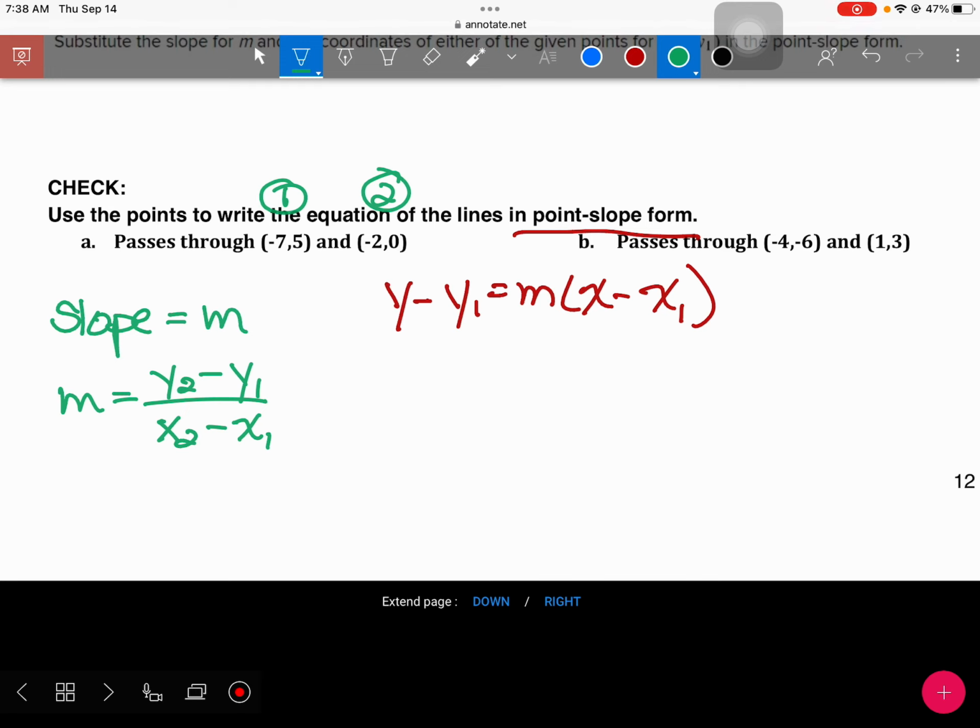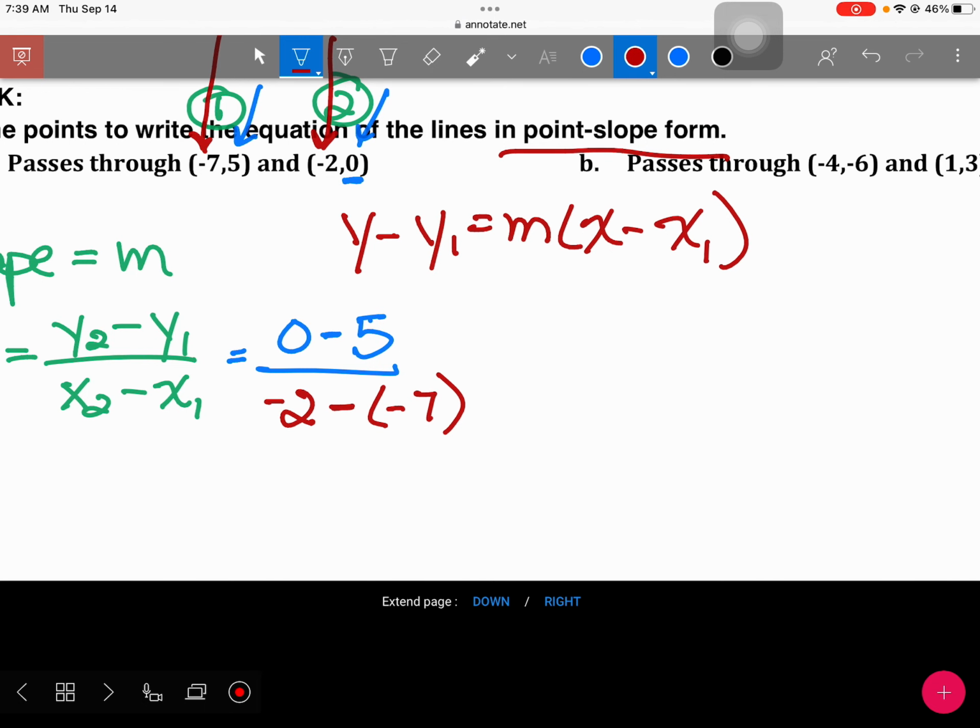So y sub 2, the y coordinate here, is 0, minus the y coordinate here of 5, all divided by x sub 2, which is negative 2, minus x sub 1, which is negative 7. You have to be extremely careful with your signs.